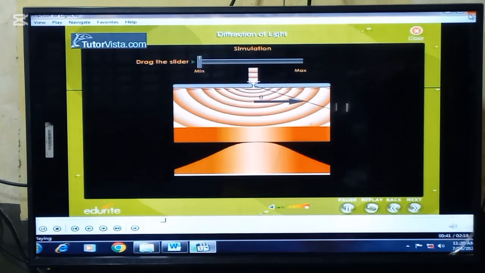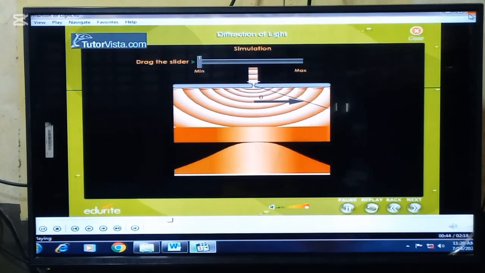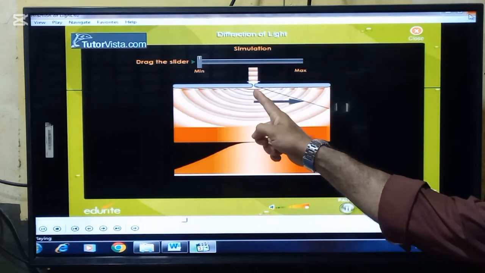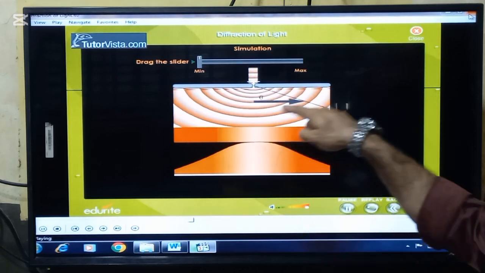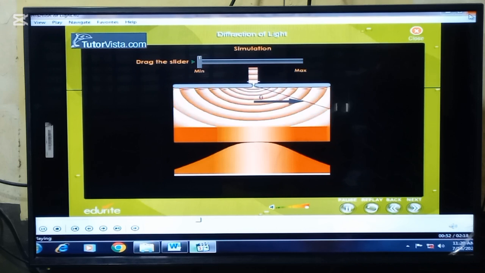Drag the slider to observe how the quality of diffraction changes with the change in the size of the slit. Here is the size of the slit. Look at the shape of the waves.